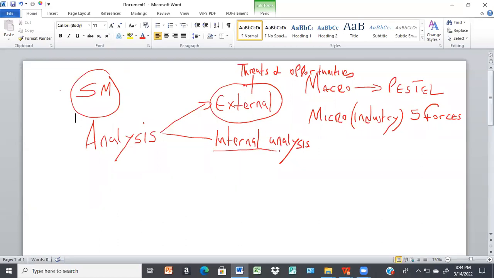When you come to internal analysis, we are looking at the weaknesses and also the strengths.